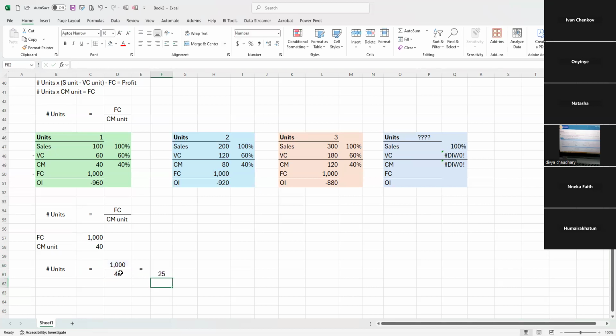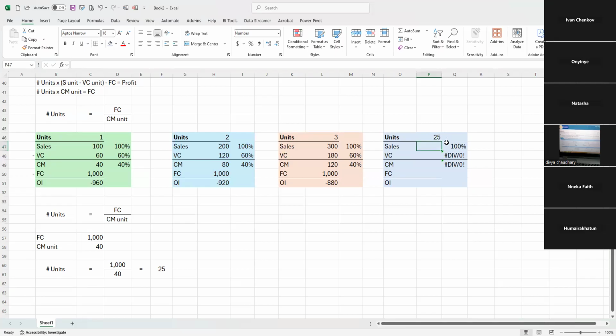It's going to be 25 units. And now you can start laughing. Ha ha ha. That's not true. But I think we just have to put it here and see how this is actually going to happen.